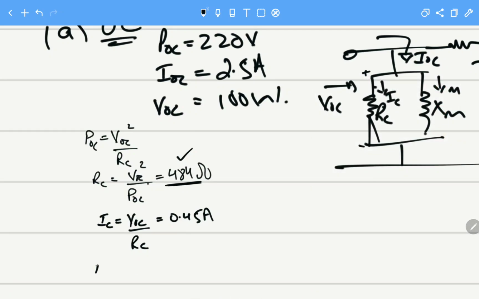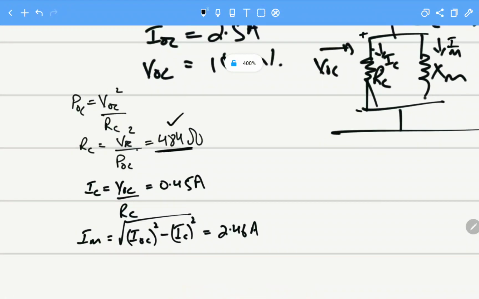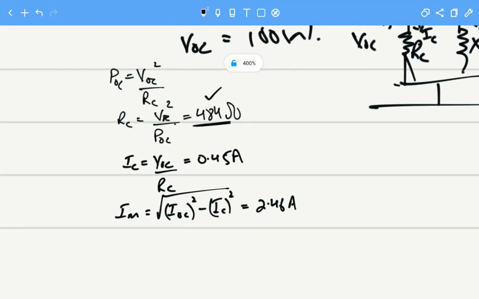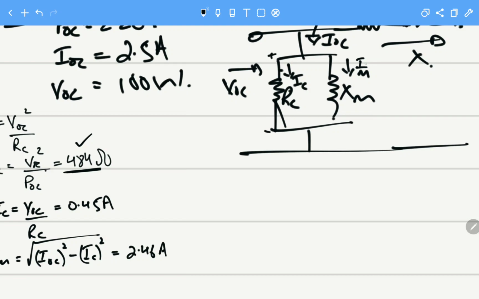The magnetization branch current, that is IM, equals the square root of IOC squared minus IC squared, and this will become 2.46 amperes.